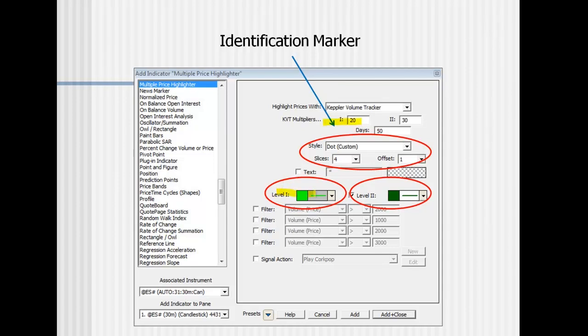Here's the color for level 1. For level 2, here's the color for level 2. And usually what I try to do is use a light color for level 1 and a darker color for level 2 to indicate the greater intensity. So visually it is easy for me to pick up on that quickly on the chart with just a quick glance.